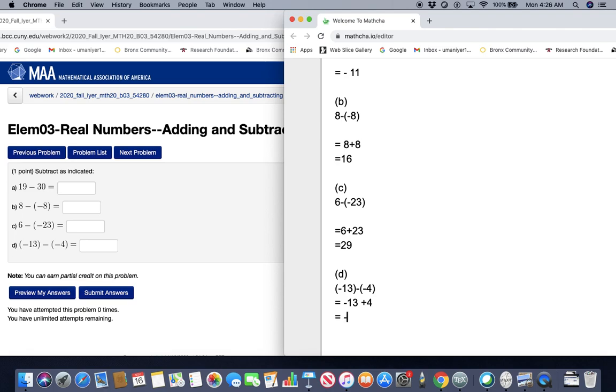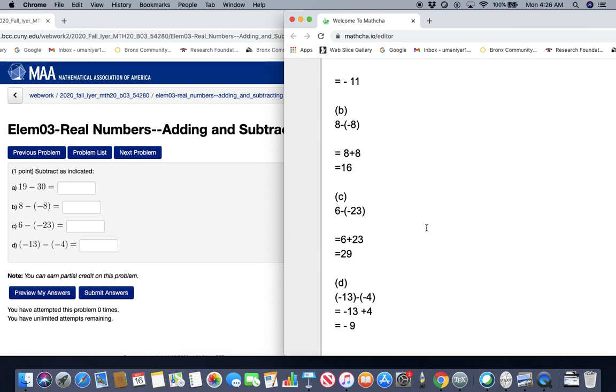I'm still in the red, but that gain cancelled off some of the losses, right? So the difference between the two, 13 and 4. Another way of thinking: this has a bigger magnitude, so its sign is written down and I take the difference between the two.